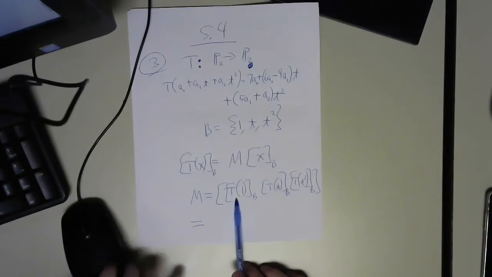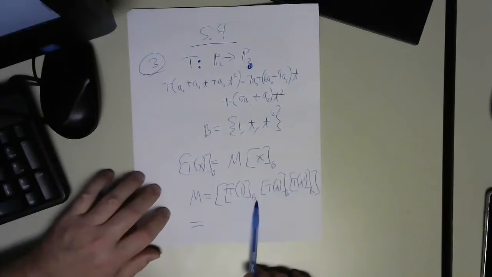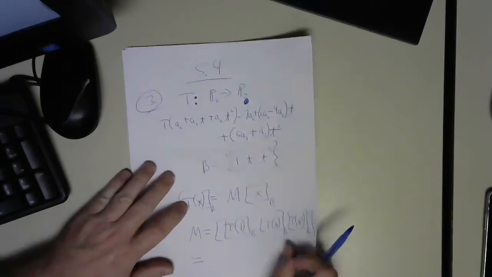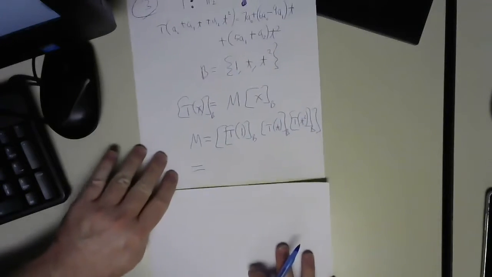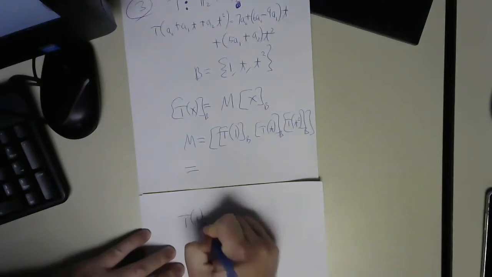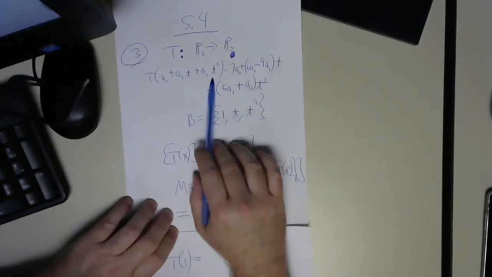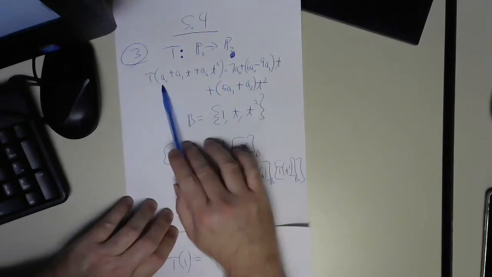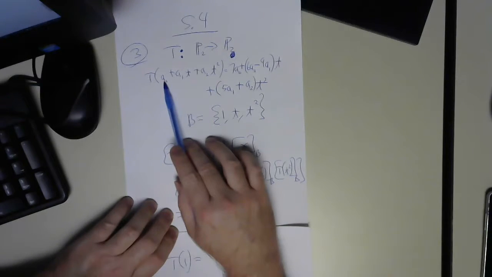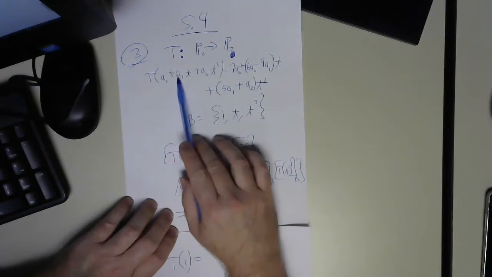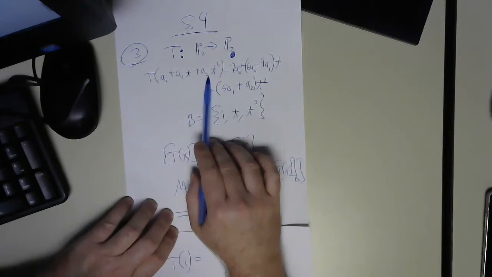So we just have to find the coordinate vector for T of 1 with respect to basis B. So I suppose we should find T of 1 first. Here's our definition of our transformation. T of 1 basically says A0 is 1, and A1 and A2 are 0.